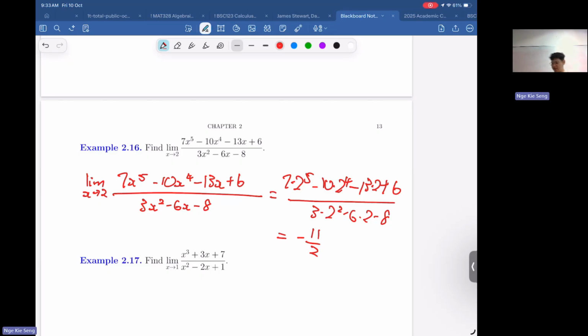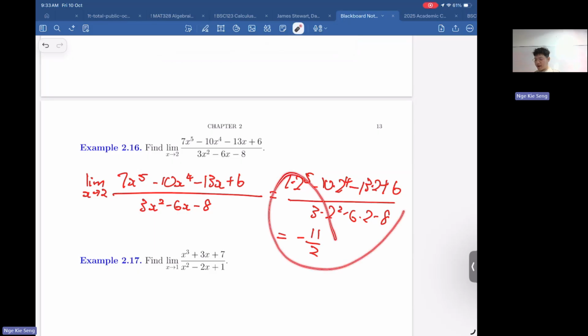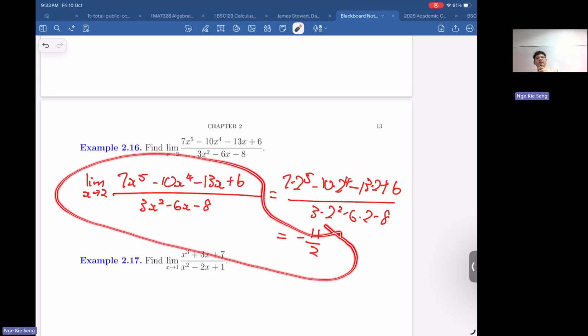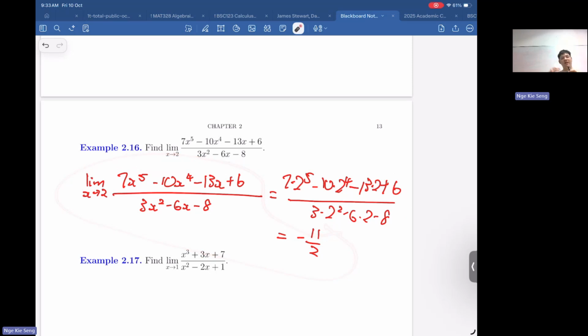Since this f(a) is defined, you see how the logic works backward again. Since this substitution is defined, only then does this limit equal the substitution value you get. The logic is again a bit backward. How about the second one? Does it work?